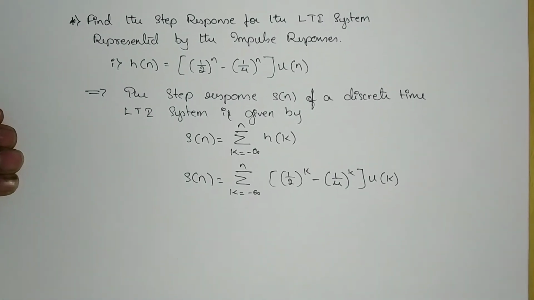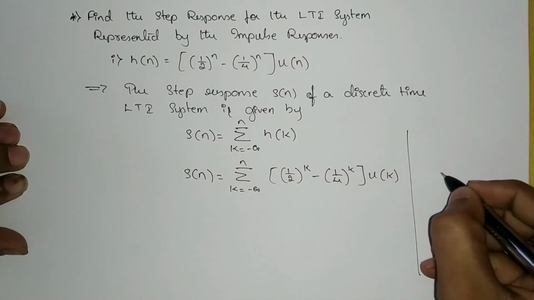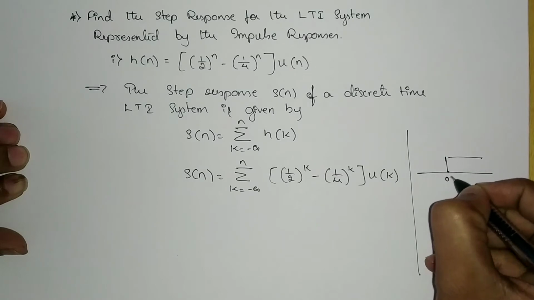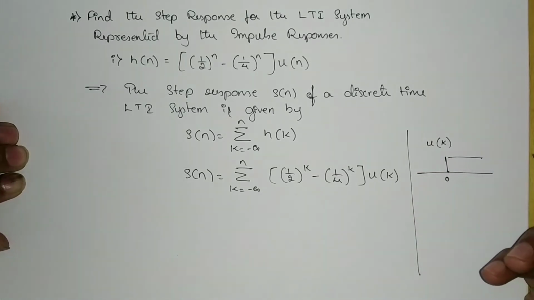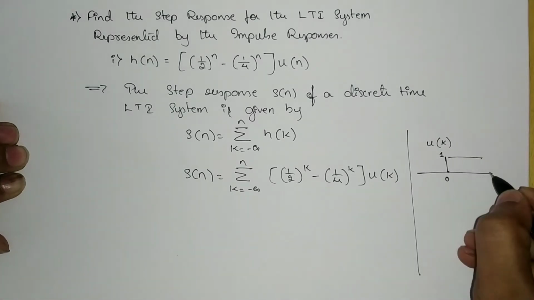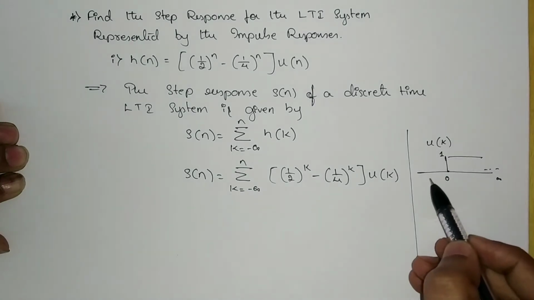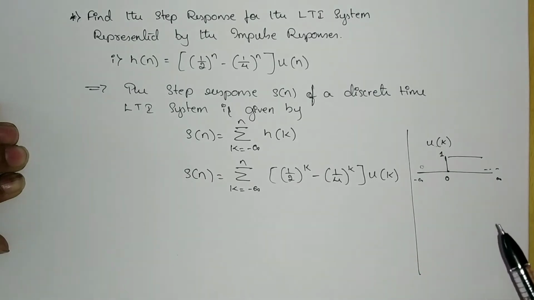The value of u of k is 1 from 0 to plus infinity, and before 0, from minus infinity to 0, the value of u of k is 0.